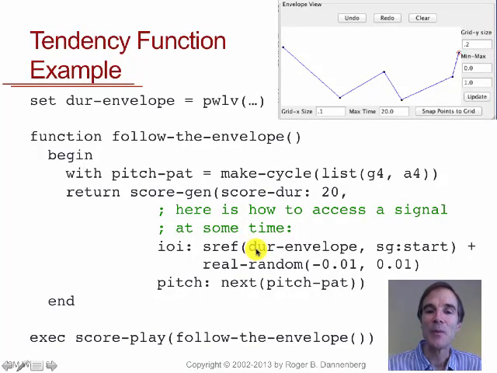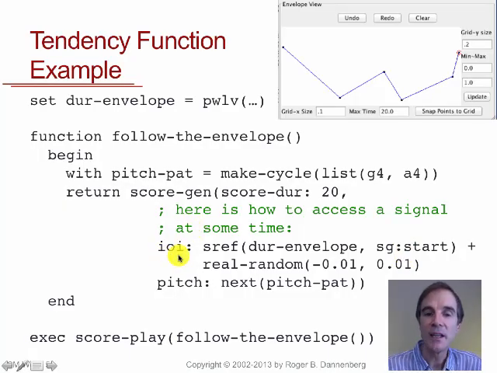So we take this duration envelope and we access it at a certain point in time, which is SG start. What's SG start? Remember, the ScoreGen provides a number of parameters every iteration. So SG start is just the starting time of the note that we're currently constructing.